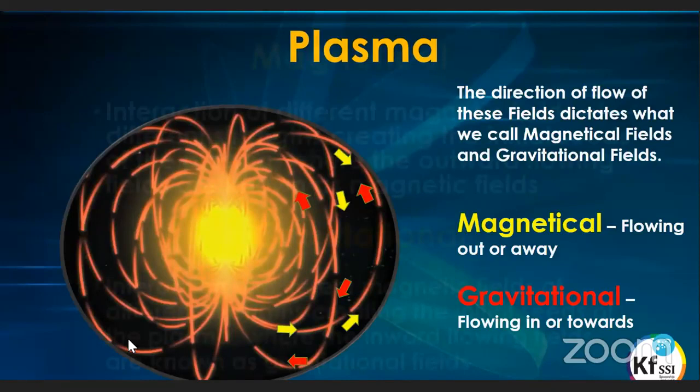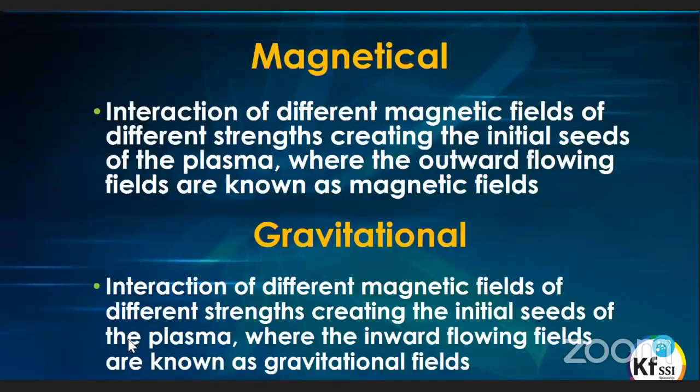And when we look at further definitions of these two words, we can define magnetical as the interaction of different magnetic fields of different strengths creating the initial seeds of the plasma, where the outward flowing fields are known as magnetic fields.